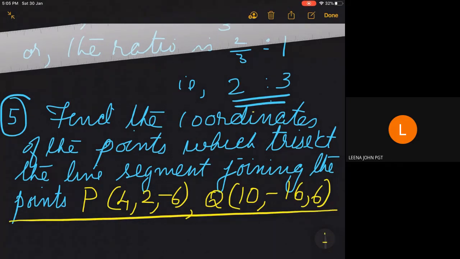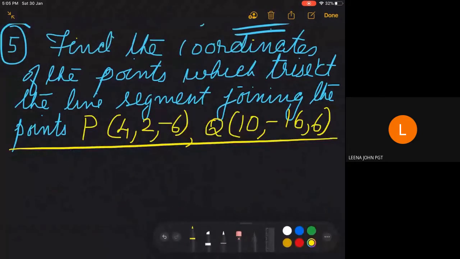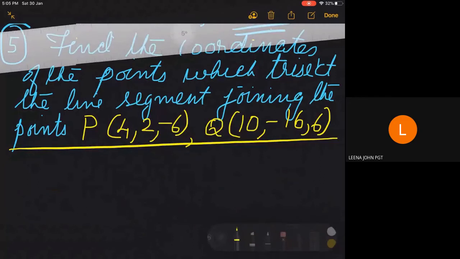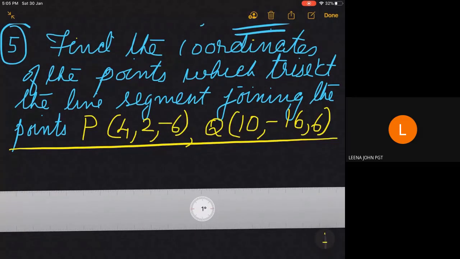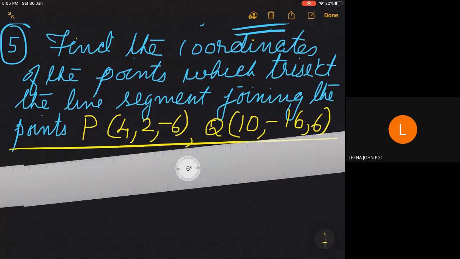Find the coordinates of the points which trisect the line segment joining these 2 points. Okay, so here itself I am drawing the 2 points.